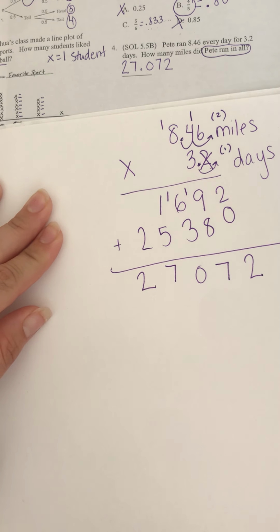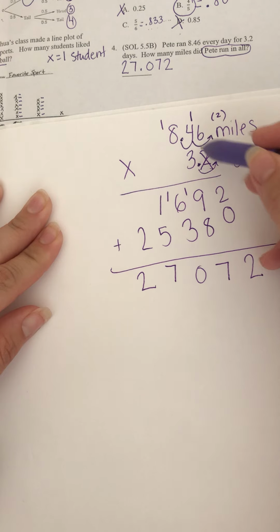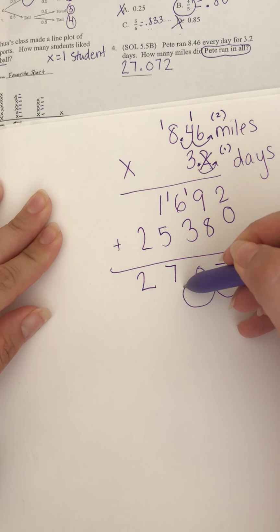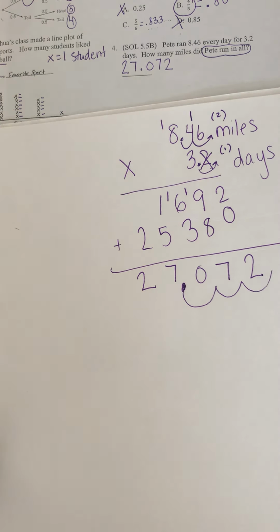Then 3 decimal places, 1, 2, 3, and you end up with the same answer. Okay? So it works either way. Take a screenshot of that if you need to look at it for longer.